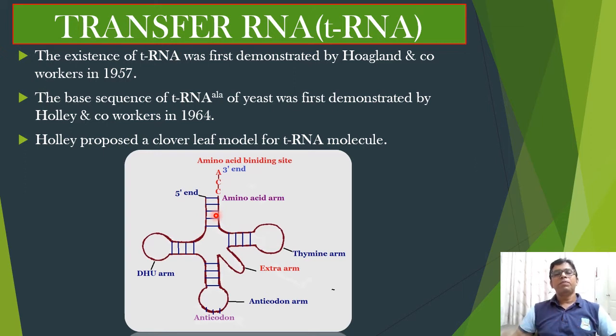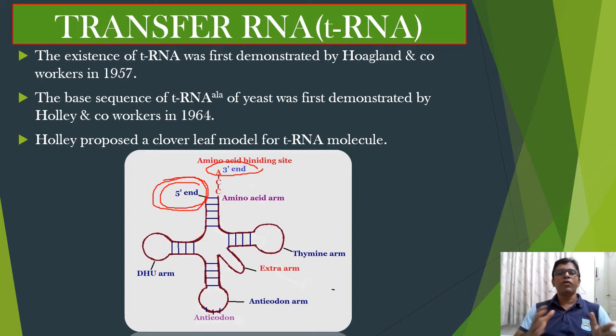As a result, the 3' end and the 5' end come together due to back folding of the polynucleotide chain.